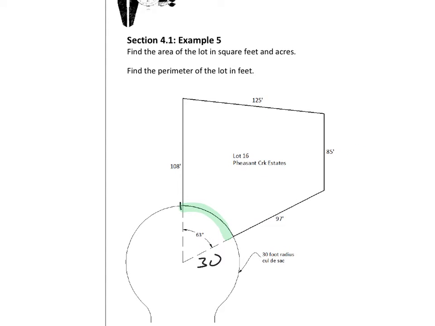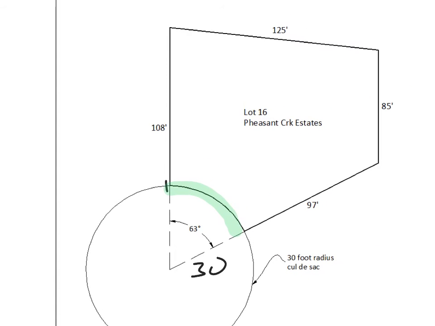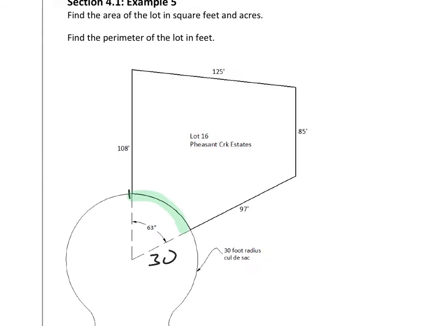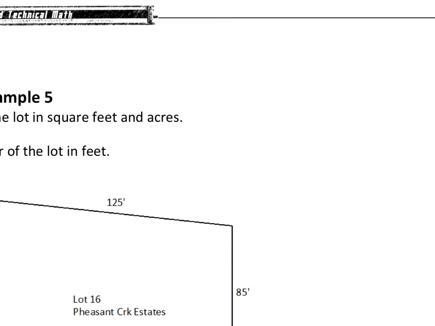Let's see what's first. Let's go area, all right? Now look at this shape here. Now it looks like this is a trapezoid, okay? So we need to find the area of this trapezoid and then subtract the area of this circle, all right? So let's write that down.